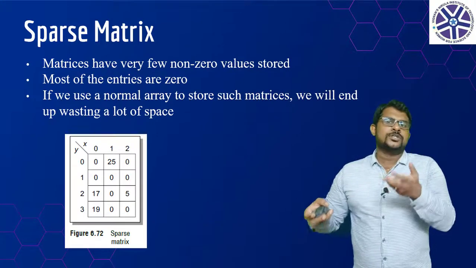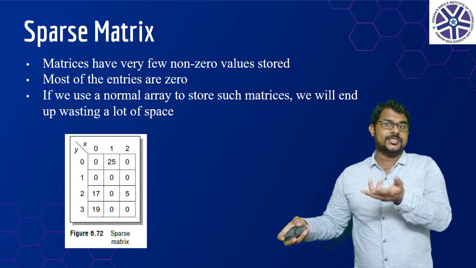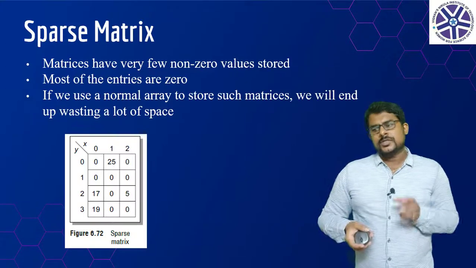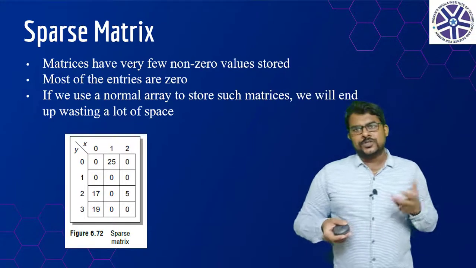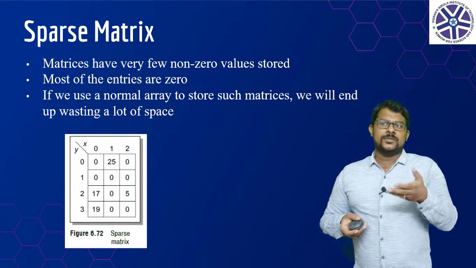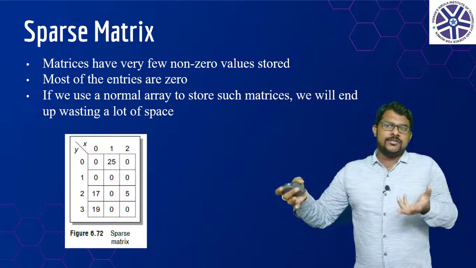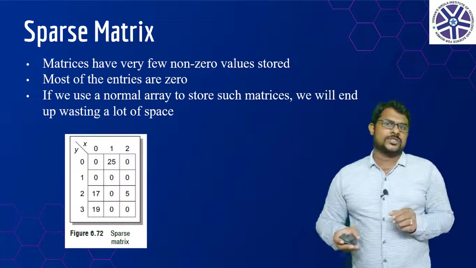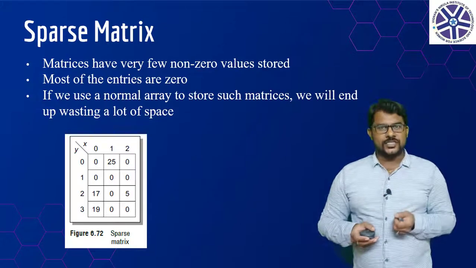You need to waste 98 memory locations to store zeros which are of no use. Sparse matrices are used to deal with real-time engineering problems like digital signal processing, where you have to deal with huge matrices where most of the elements are zeros. In order to store this, we need a much more efficient data structure.